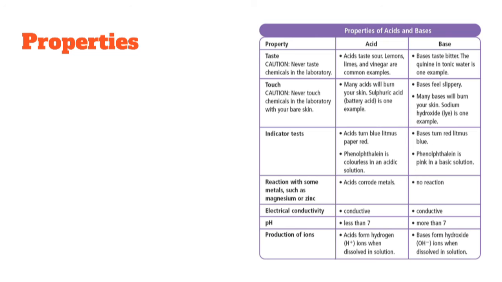Both acids and bases will conduct electricity. pH: acids are less than 7. Bases are more than 7. And acids produce hydrogen, bases produce hydroxide. So that's acids and bases in a nutshell.